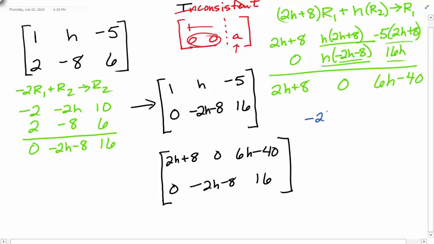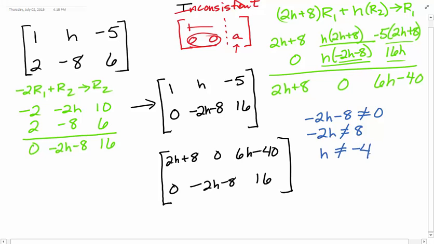So if we want to put that more explicitly, we would say something like this. Negative 2h minus 8 cannot equal 0. Otherwise, that gives you the zeros in the first two positions. So solve that for h, right? You're going to move the 8 across, so it's negative 2h equals 8. Divide by negative 2. H cannot equal negative 4.